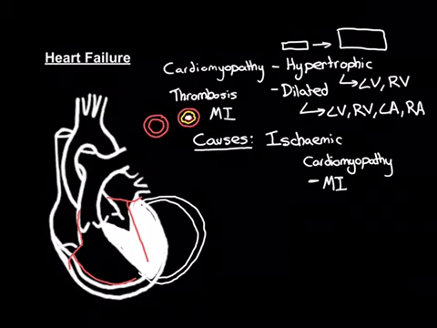And of course, MIs can affect the left ventricle, the right ventricle, the left atrium, the right atrium. So in all of them, MIs can lead to a dilated cardiomyopathy, and we call that ischemic cardiomyopathy. In addition, it might not actually be necessary for you to have a heart attack in order for ischemic heart disease to cause cardiomyopathy.